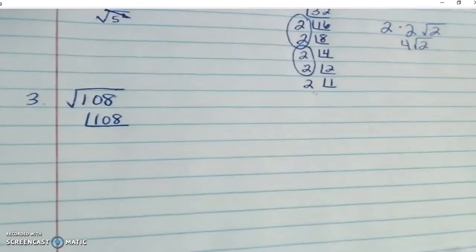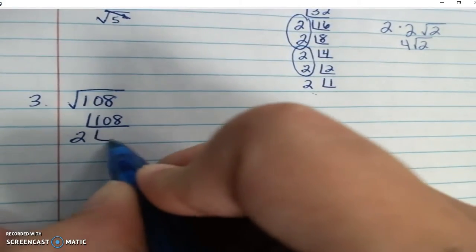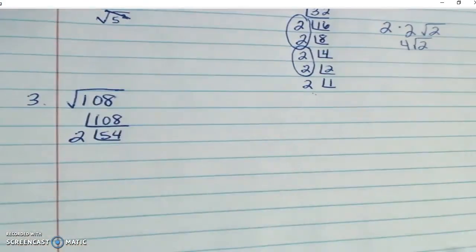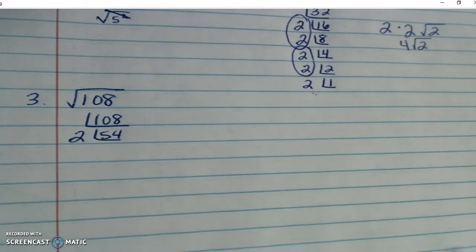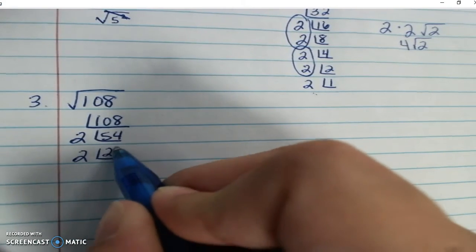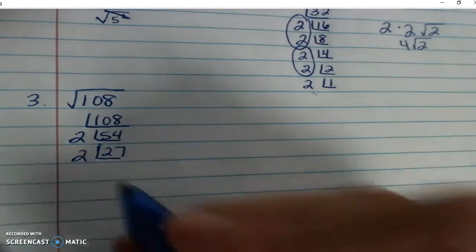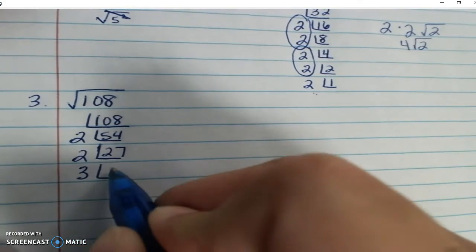Does 2 go into 108? Yes. How many times? 54. Good, 54. Does 2 go into 54? Yes. How many times? Good, 27. Does 2 go into 27? No. So then we have to check our next prime number, which is 3. Does 3 go into 27? Yes. How many times? 9. Good.